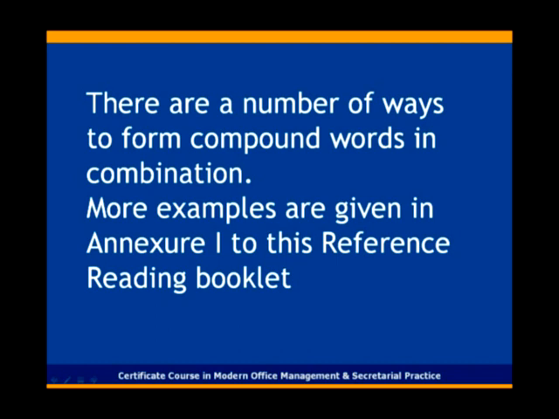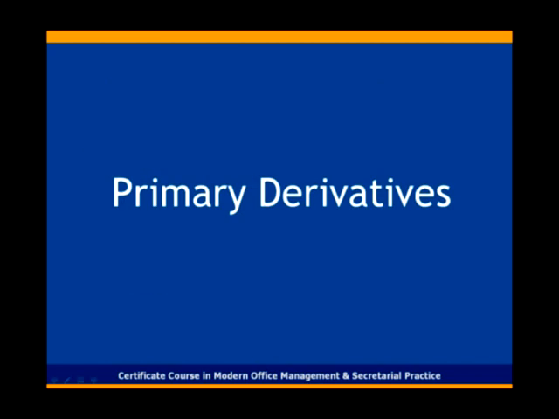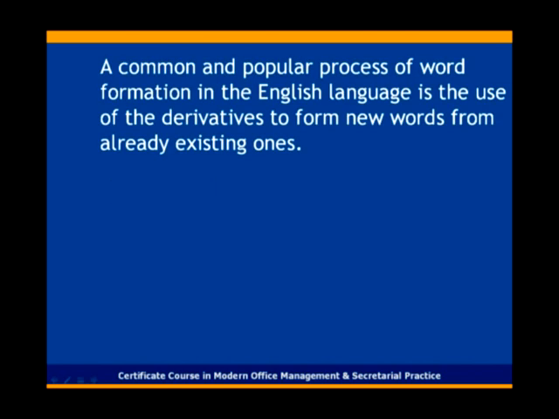Primary derivatives. Another type of word formation is the derivative. A common and popular process of word formation in the English language is the use of derivatives to form new words from already existing ones.